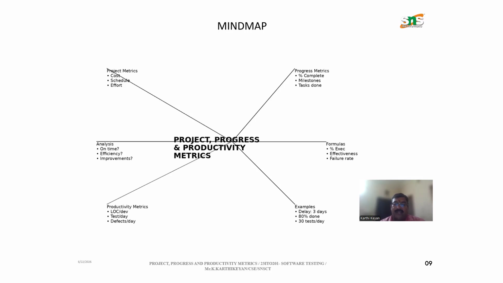Examples: delay of 3 days, 80 percent done, and 30 tests per day. Productivity is based on lines of code per developer, tests per day, and defects per day. Analysis covers on-time delivery, efficiency, and improvements. Project metrics cover cost, schedule and effort.